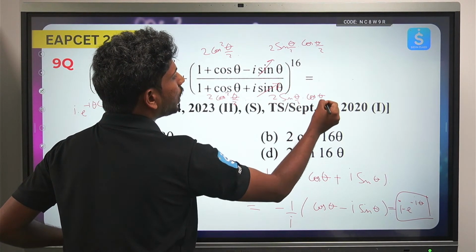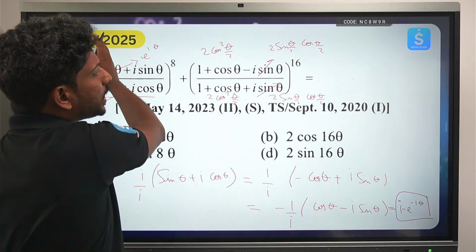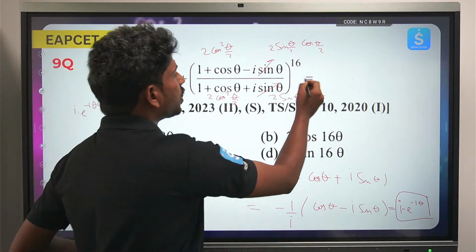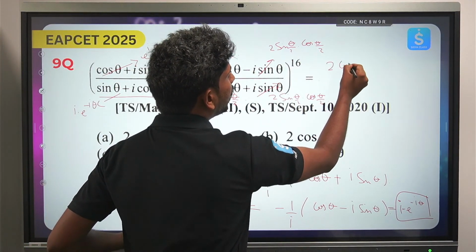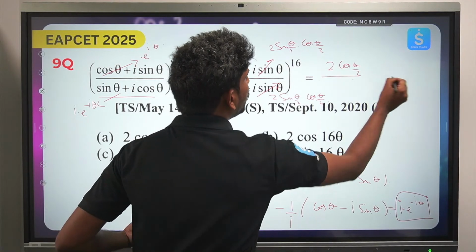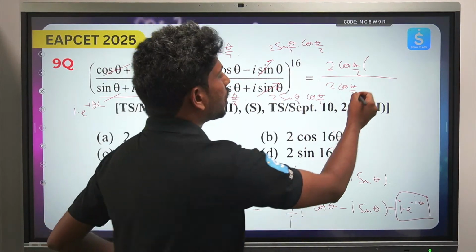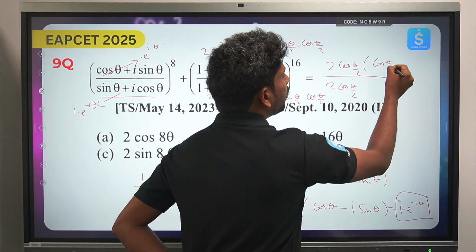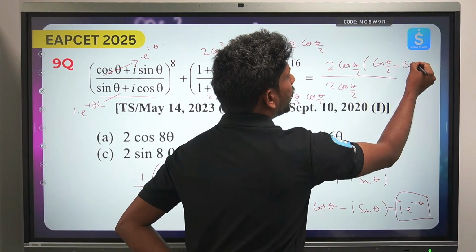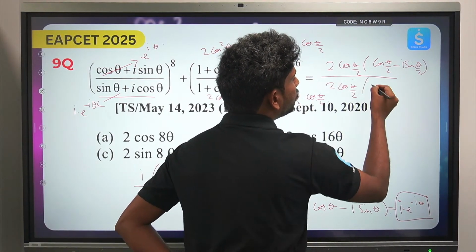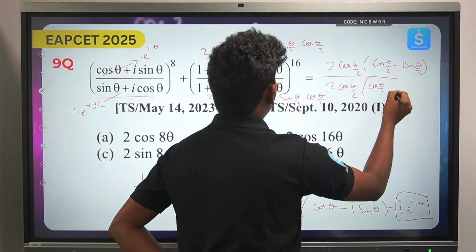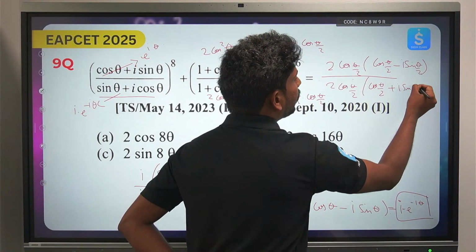So what can you take common in the whole? You can take 2 cos theta by 2 common. So if you take 2 cos theta by 2 common, and here also 2 cos theta by 2, the left out is cos theta by 2 minus i sin theta by 2 into cos theta by 2 plus i sin theta by 2.